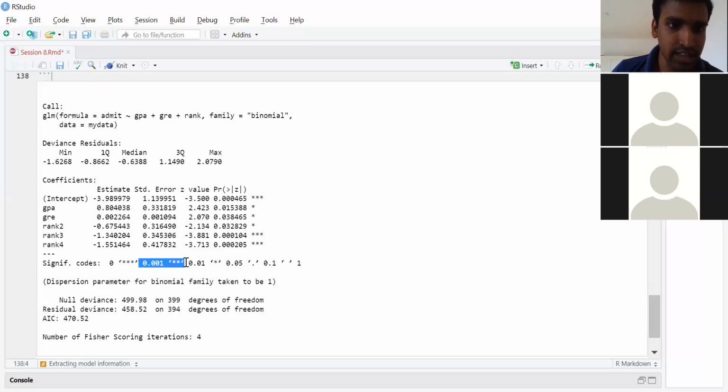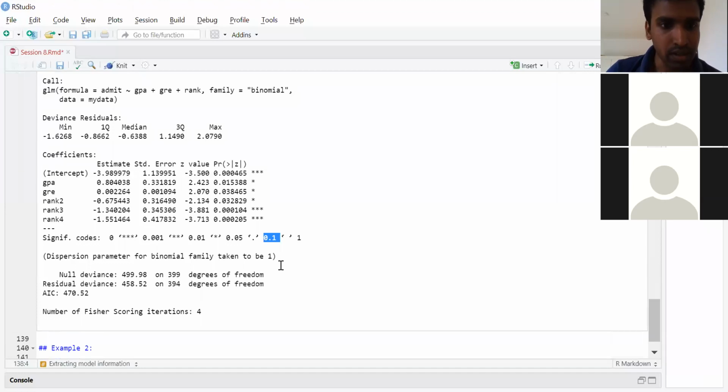Here it is somewhere around 0.001, about 0.1% error. And here it is 1% error, 5% error, and then this is 10%. I hope this clarifies what the p-value is, right?